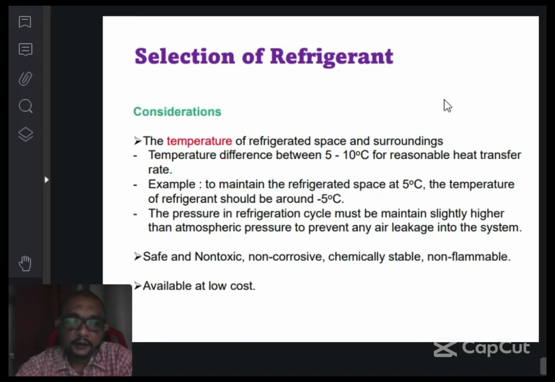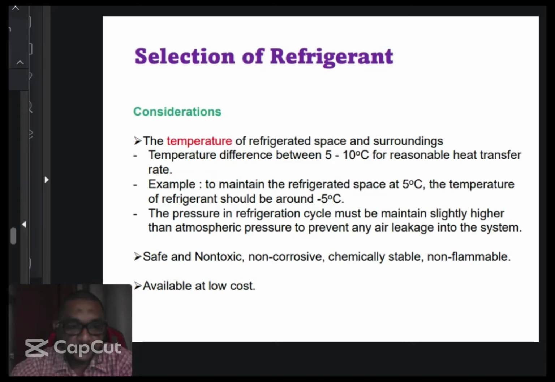Then what must we consider when we want to make a selection of refrigerant? Number one, actually the temperature of the refrigerant. So what about the temperature?